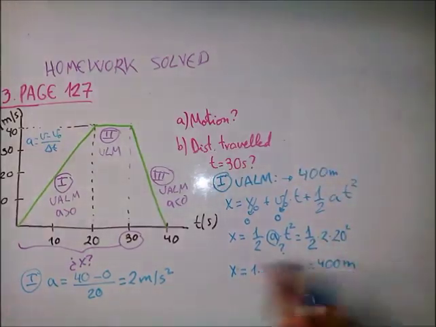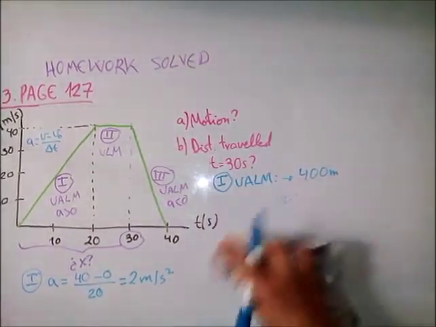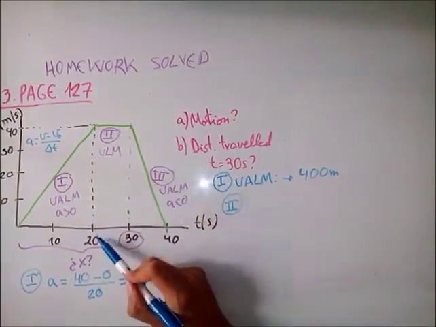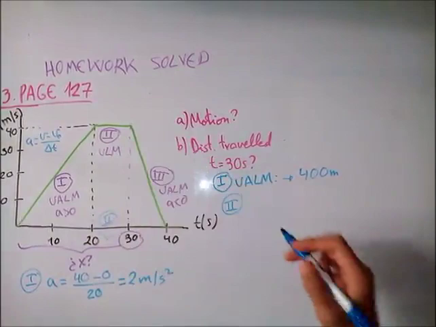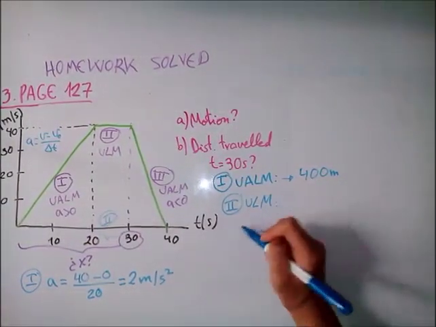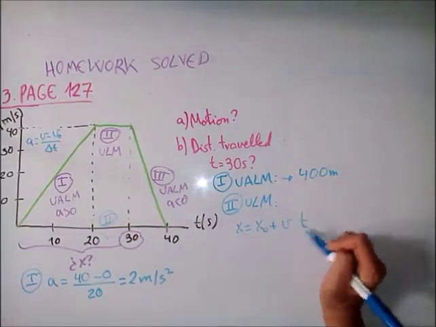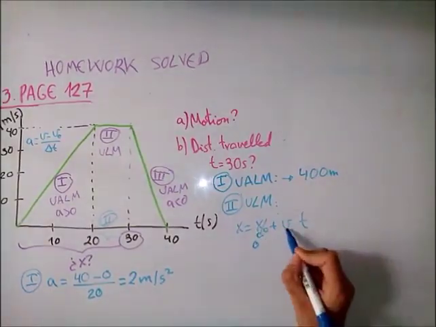I'm going to erase this. And now we're going to go to part 2. So in part 2, it goes from 20 to 30 seconds. And is a uniform linear motion. So for uniform linear motion, distance travel is calculated in this way. So initial position 0. Velocity, what is it?